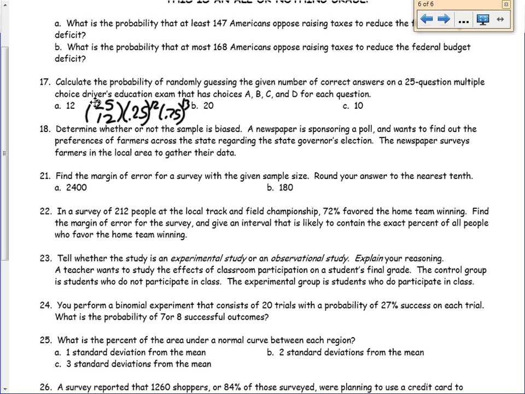Let's see how many we can get 10 right on. 10 right: 0.25 to the 10, 0.75 to the 15. Move the decimal 1, 2. 4.1% of the time I can get 10 right. Mathematical stud question: what if I did 0 right, 1 right, 2 right, 3 right, 4 right, 5 right, 6 right, all the way up to 25 right?